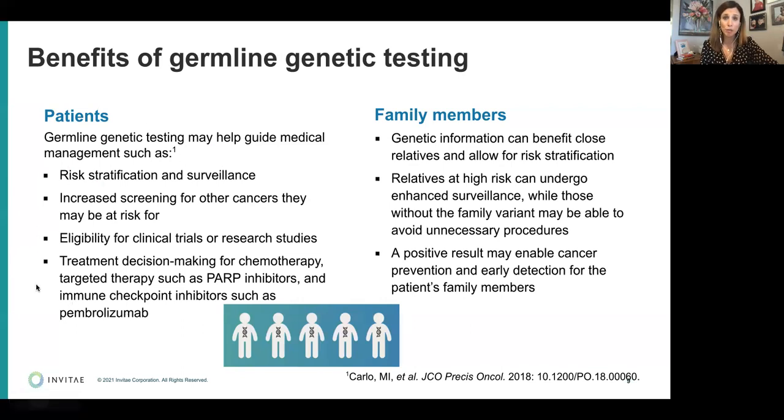So there's lots of benefits to the patient, but germline genetic testing can also be important for his or her family members. Because if a variant is identified in a patient, we can then take that variant and test it in other family members to figure out who in the family also carries that variant and has an increased cancer risk and could benefit from increased screening and surveillance to prevent them from developing a cancer, versus relatives who might test negative for that variant.